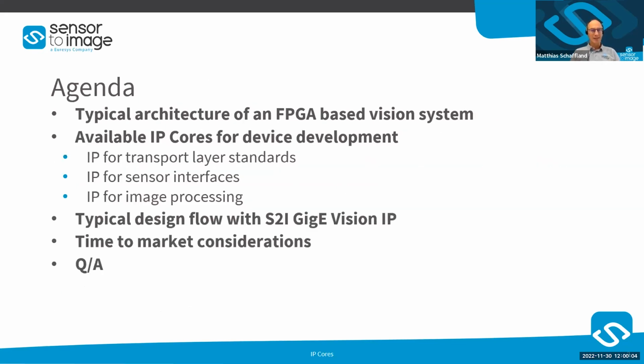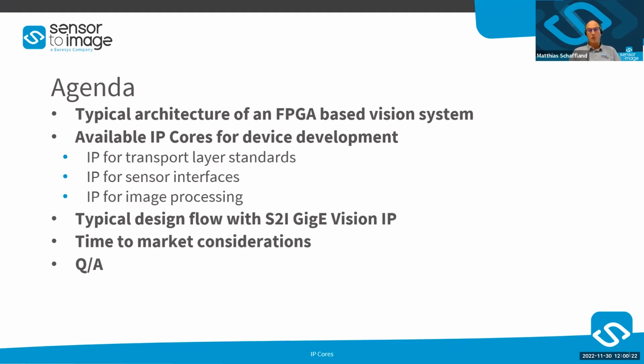What do I want to tell you in detail? First, I want to give you an overview of a typical architecture of an FPGA-based vision system, to identify where FPGA IP cores make sense at all.